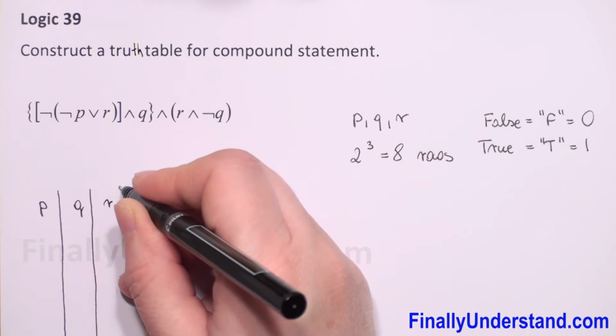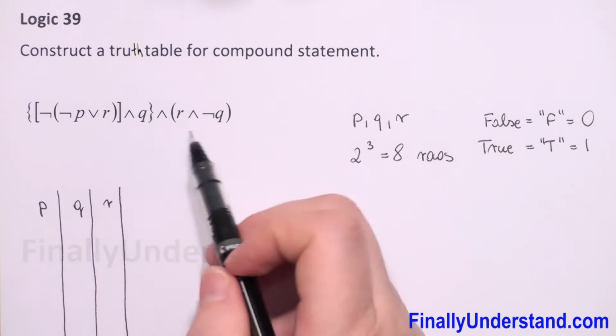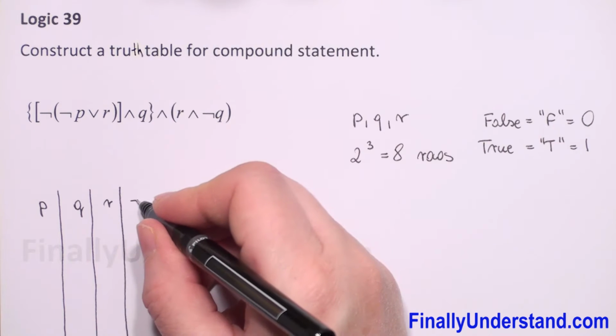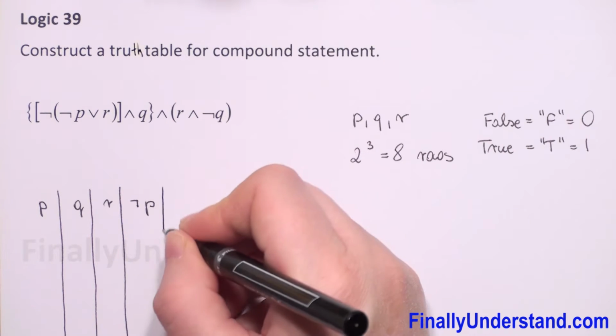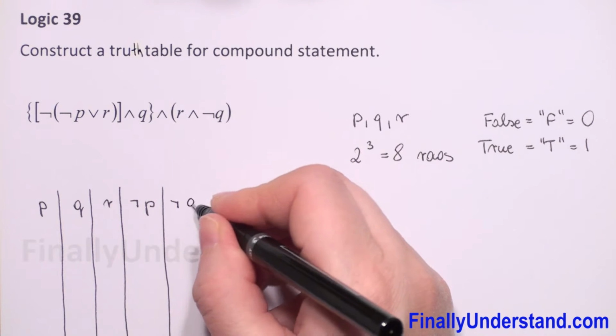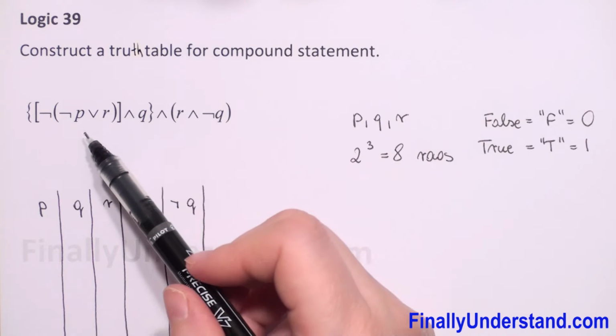So we have P column, Q next, R. In the next column we have to check if we have negation of a simple statement. We have negation of P, so we put not P. Next we have negation of Q, so it will be not Q. Next we have to check first in parentheses.